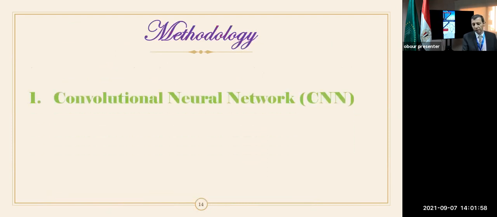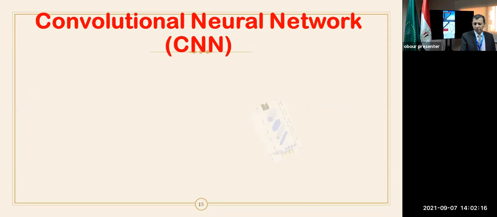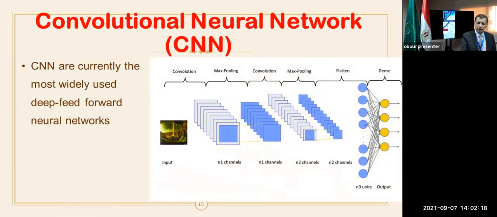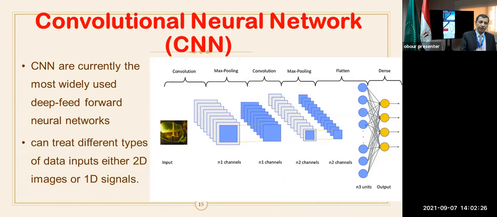For the methodology used in this approach, we will talk about 2 approaches: CNN or convolutional neural network, and transfer learning. CNNs are currently the most widely used deep feed-forward neural networks. They can take different types of input, maybe 1 dimension such as signals or 2 dimensions such as images.